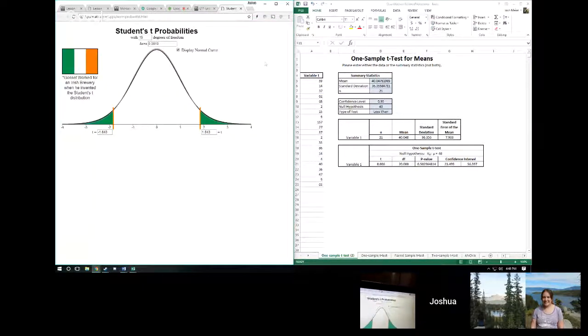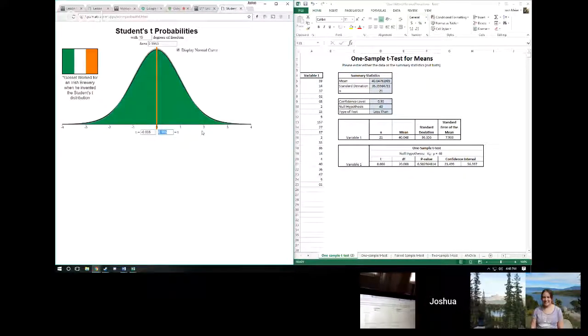So you plug in your t-value like you would with your z-score and the degrees of freedom.